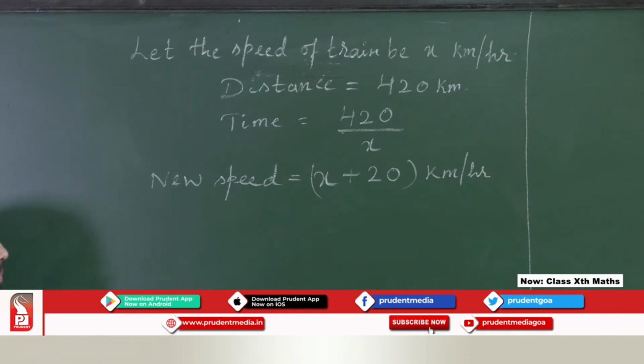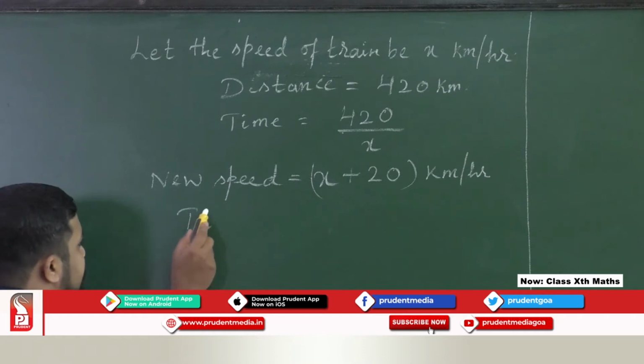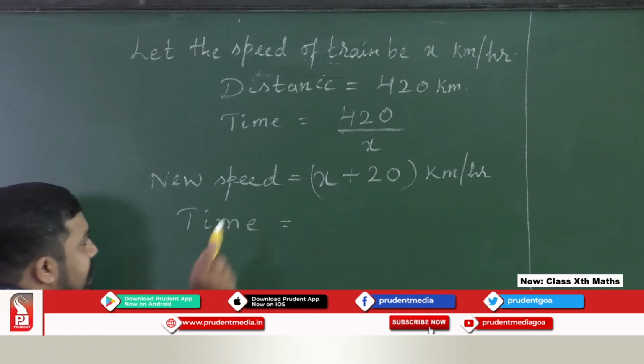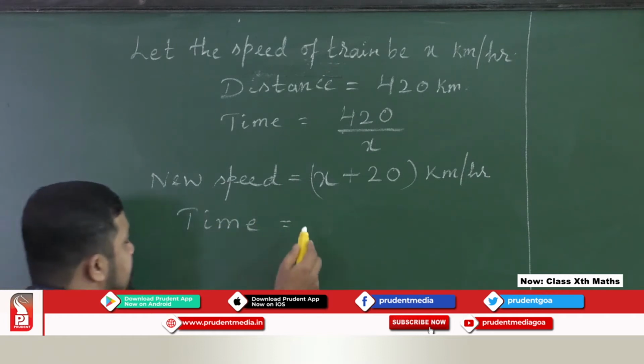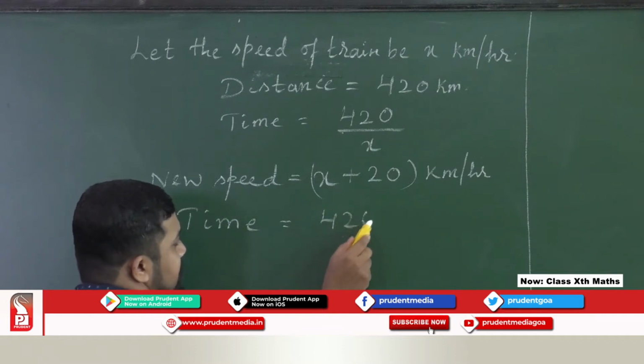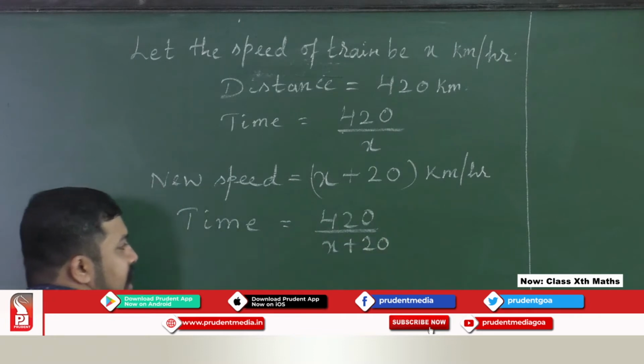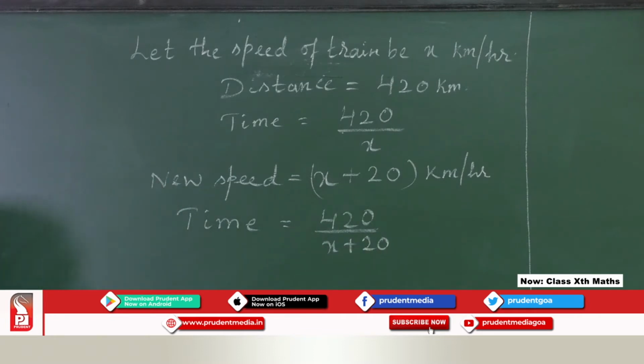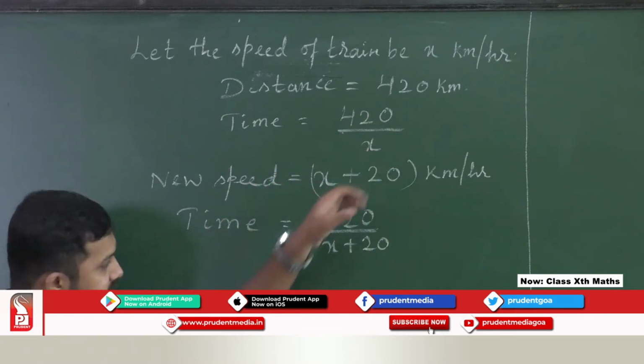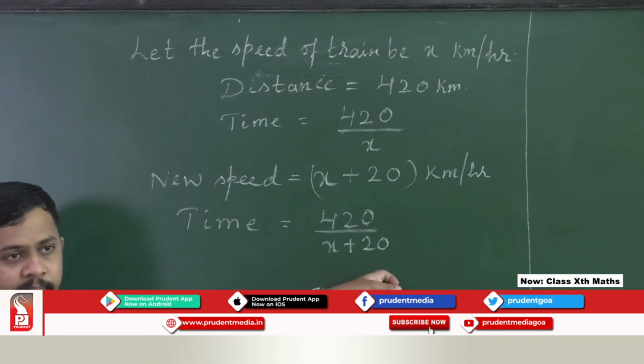Distance will remain the same. It is moving the same distance, 420. Time will change. So again, the formula of time is distance upon speed. So 420, now the speed is x plus 20. So I got two expressions for the time. One is 420 by x and one is 420 by x plus 20.